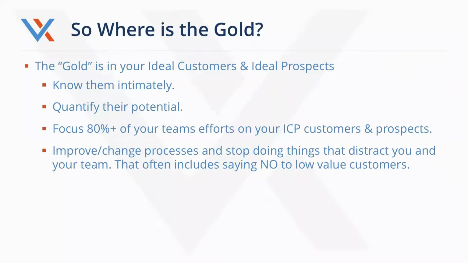The gold is in your ideal customers and prospects. You need to know them intimately. If you can't look at your customer list and instantly say this is an ICP fit or not, then you're behind the eight ball. Knowing it makes life so much easier. You also want to be able to quantify their potential.